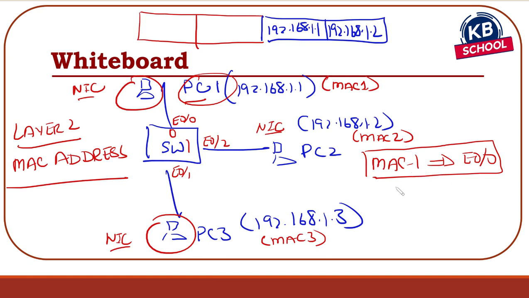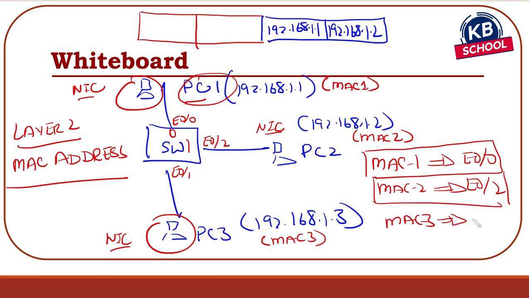So it remembers that. The next time somebody sends something from PC2, it will learn that MAC2 is the MAC address that is coming in from this port E0/2. Keeps it in a table. And it would also learn that PC3, when it sends a packet, is connected to E0/1 and its MAC address is MAC3.